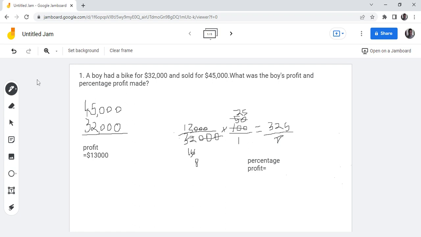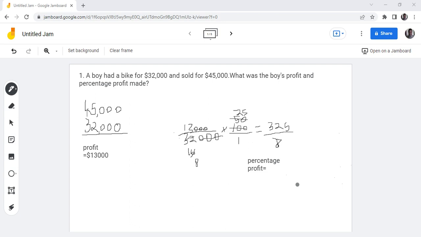That is basically saying 325 divided by 8. Insert that in a calculator, and the answer that you obtain is equivalent to the percentage profit. So 325 divided by 8 is equal to 40.625.